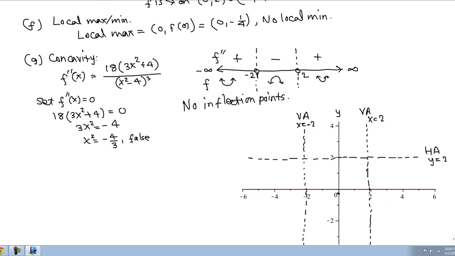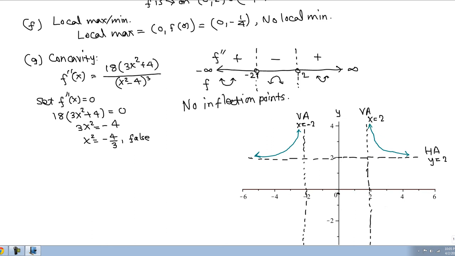So the graph of the function is here, concave up, increasing, between two asymptotes. Same thing here, between two asymptotes, concave up and decreasing. And in fact we have y-axis symmetry as well, so this is like this one.